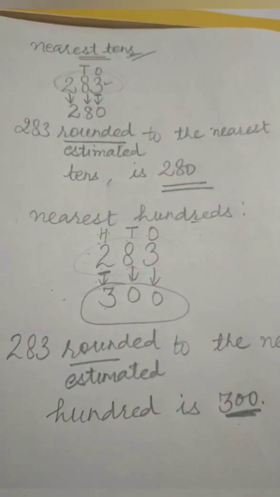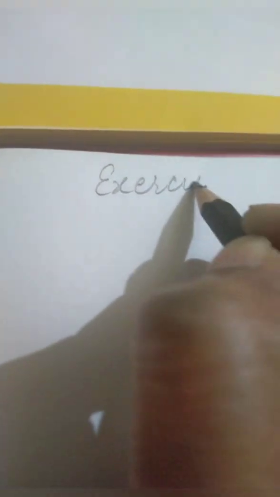Now here we are going to do the concept, that is estimation of difference. The sums of exercise 3.5. Yes, the first sum is there.